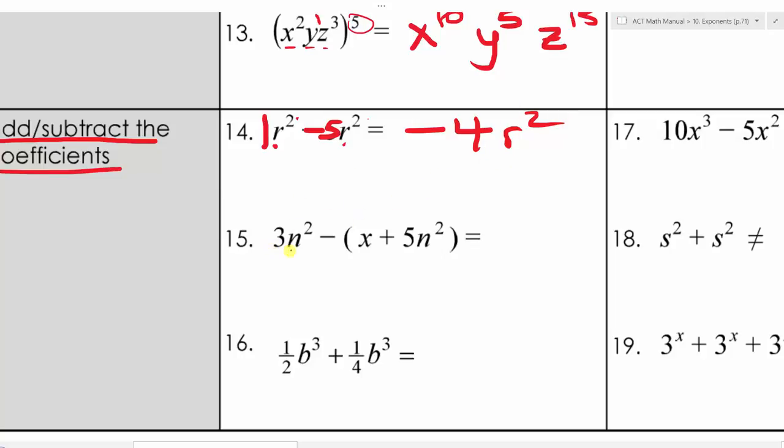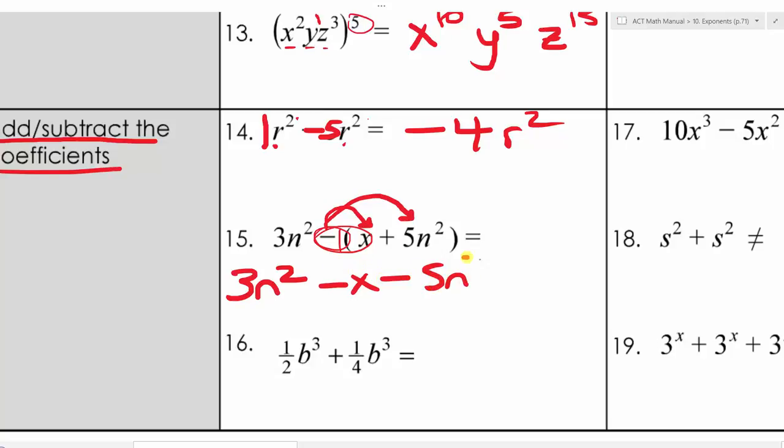Now, number 15, very, very common on the ACT, is this idea of distributing a negative. I always make sure that I draw my distribution arrows from the negative outside to the terms on the inside so that I remember to distribute the negative to the two terms. So this would be 3n squared minus x, that's negative 1 times x, minus 5n squared.